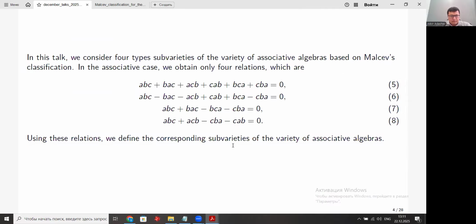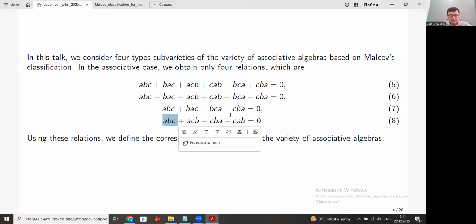You see here, that's third type, that's first type, fourth type. If you consider this first monomial under the inverse operation, it will be CBA. Under the reverse mapping, BAC will be CAB. This is BCA, it will be ACB, and under the reverse mapping, CBA will be ABC.